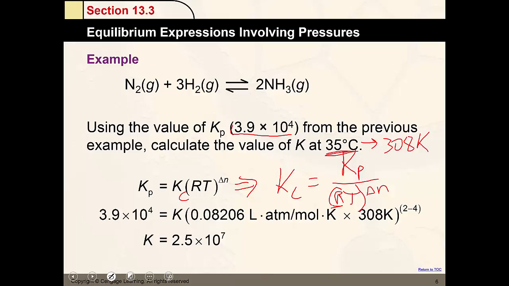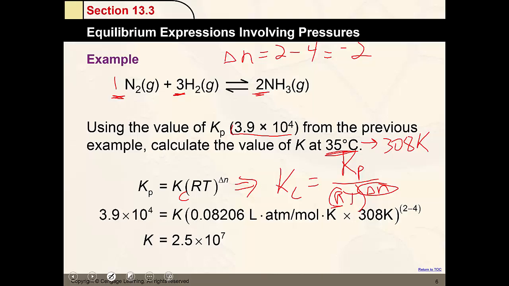And then the delta n here, you look, the number of moles of gaseous products is 2, and the number of moles of gaseous reactants is 1 plus 3, so 4. So that means delta n here is -2, not just 2.